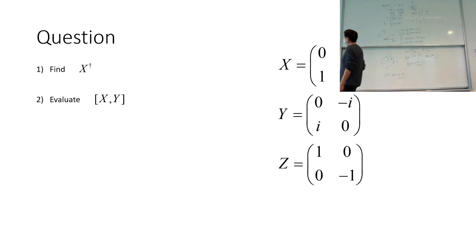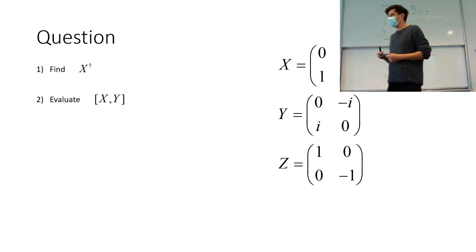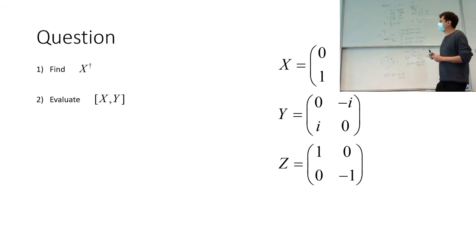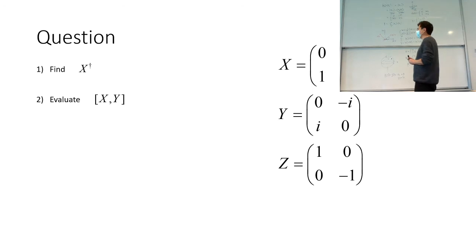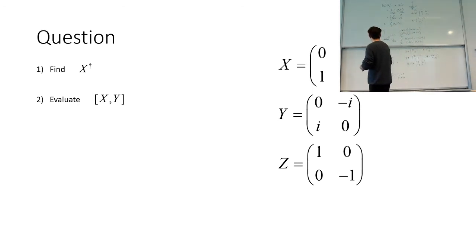How about y? Hermitian conjugate of y. Still the same. Because y star conjugate is this one, the minus signs get swapped.